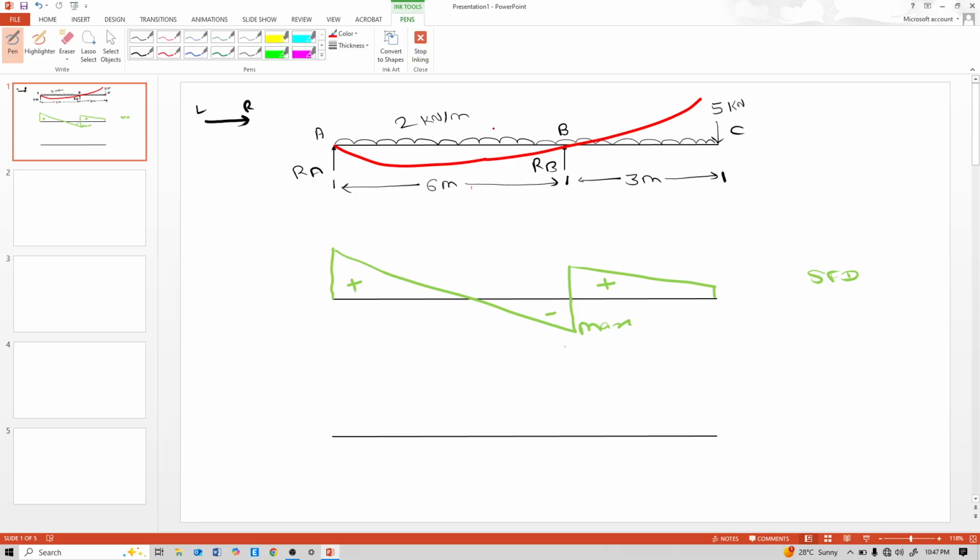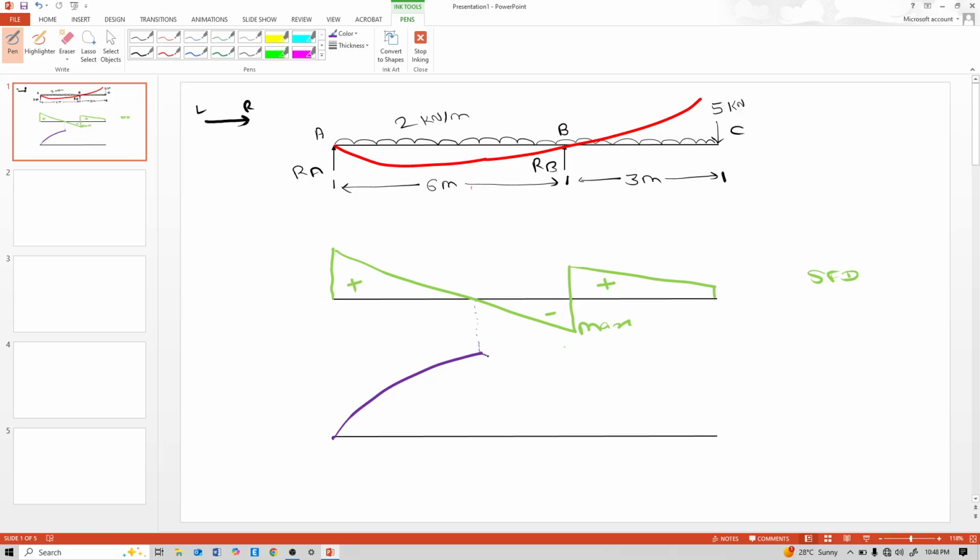At portion A there is zero moment because there is only the RA vertical reaction, so there is no moment. In the AB portion there is UDL, and UDL means the bending moment is a parabolic line. See here it is maximum where shear is 0.